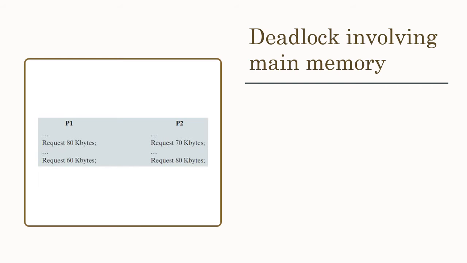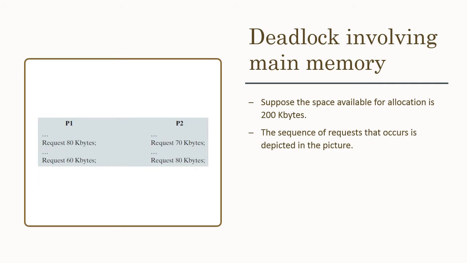Deadlock involving main memory. Suppose the space available for allocation is 200 kilobytes. The sequence of requests that occurs is depicted in the picture. So we have two processes, P1 and P2. P1 makes an initial request of 80 kilobytes.